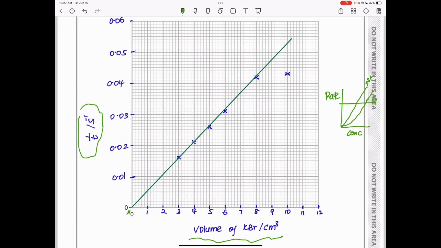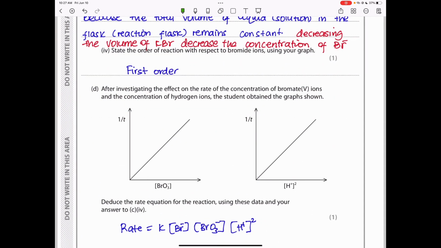If it goes like that, it could be second order. But ours is a straight line through the origin, so it's going to be first order. Again, I said this is against concentration because remember, volume is constant. If you are varying the number of moles and the volume is constant, it means it's the concentration that is changing. So it's kind of the same. It's like a rate concentration graph. So this is going to be first order with respect to the bromide ions.